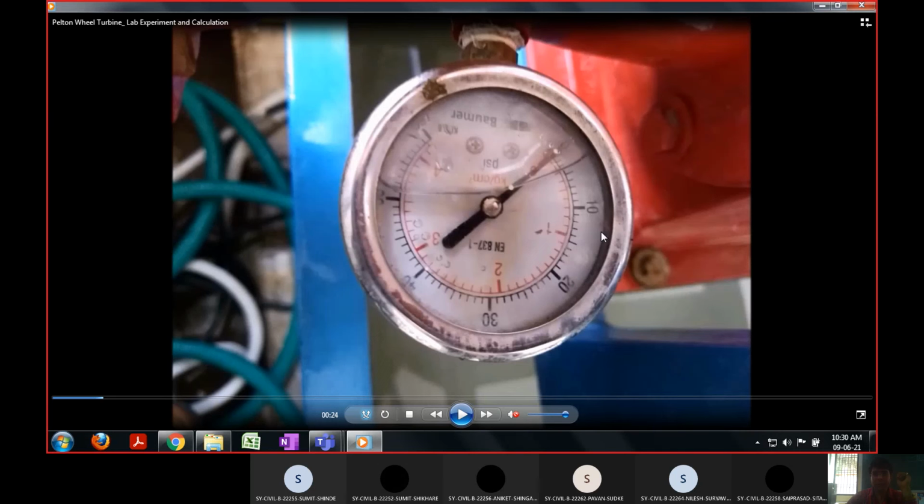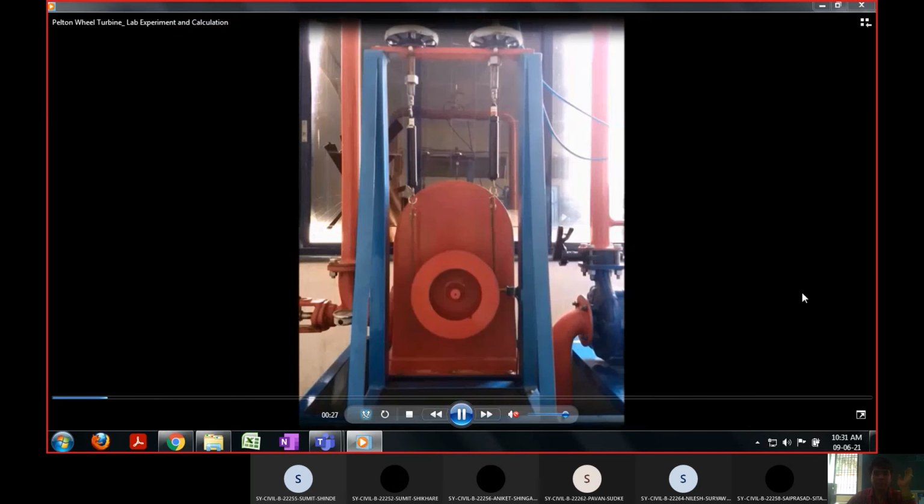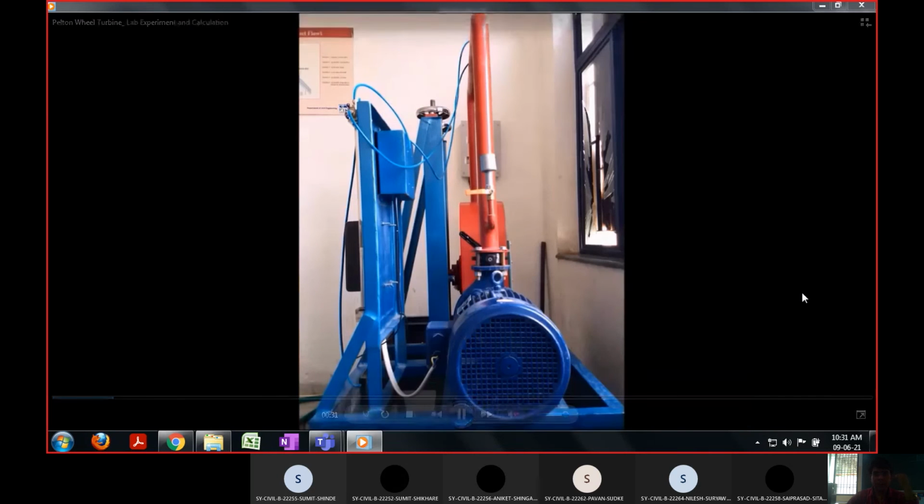If you want to measure the inlet pressure, you can measure it with the help of this particular dial gauge. Now look at how we can conduct the practical.